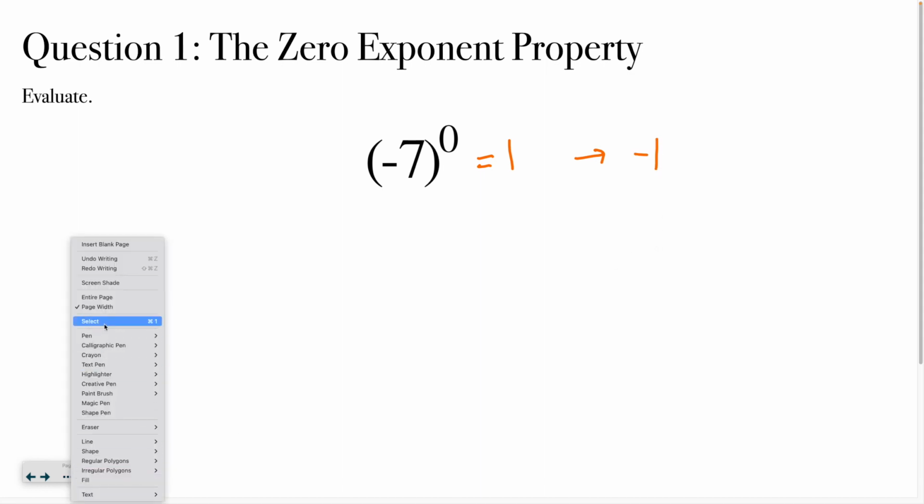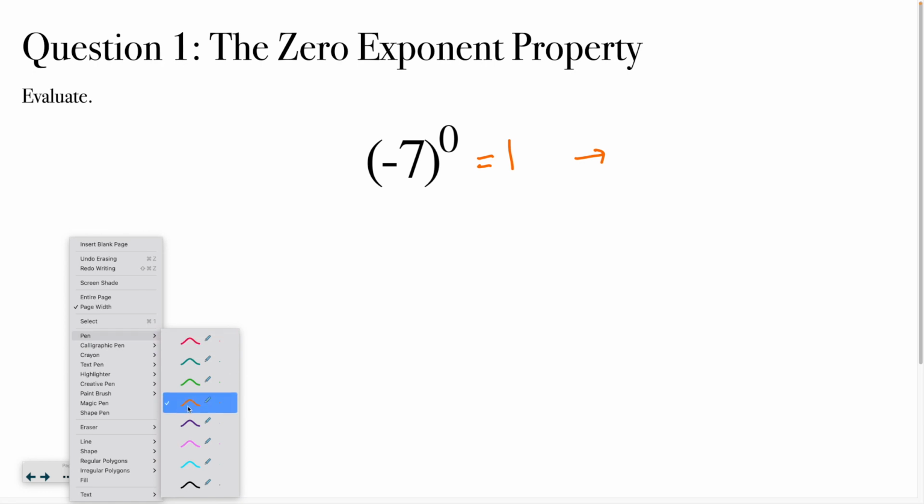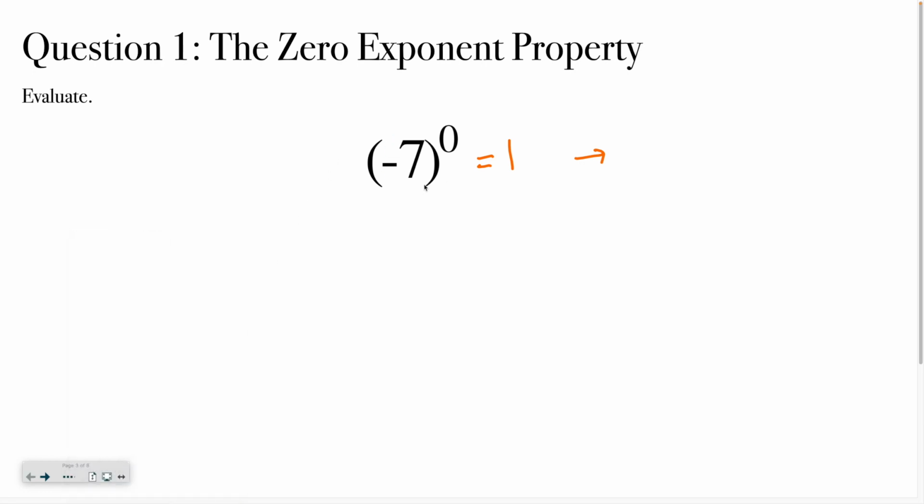It's not. It's just going to be a positive 1. The reason I know it's a positive 1 is because that negative is inside those parentheses and the 0 exponent is outside of the parentheses. That means the 0 applies to everything, including that negative.